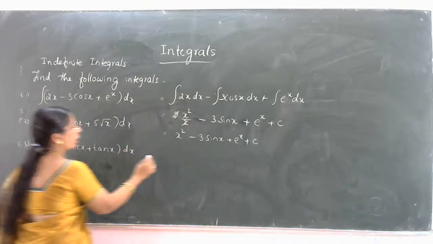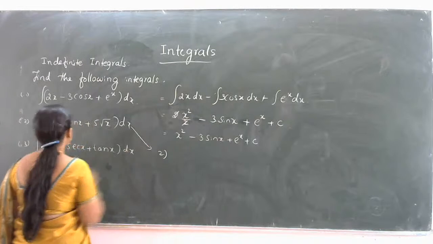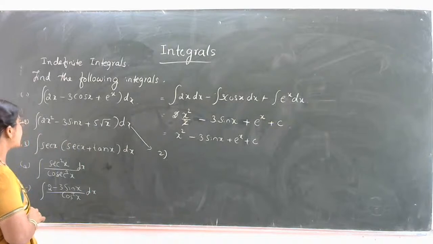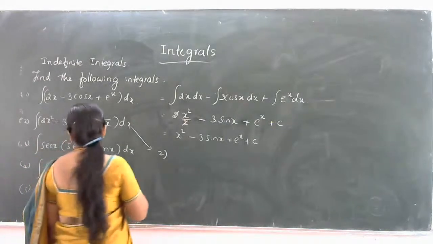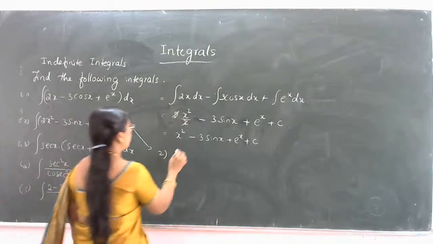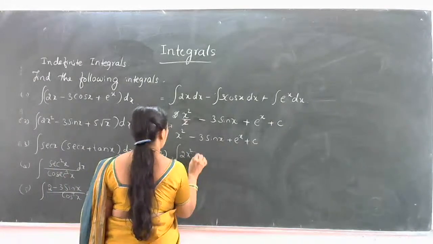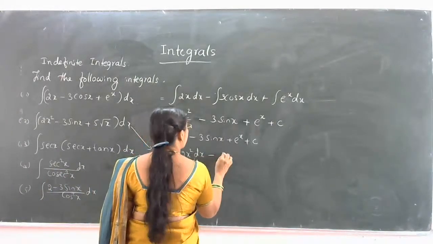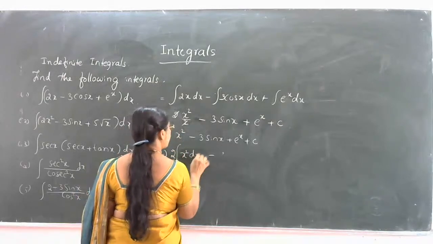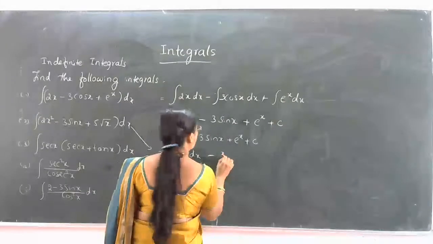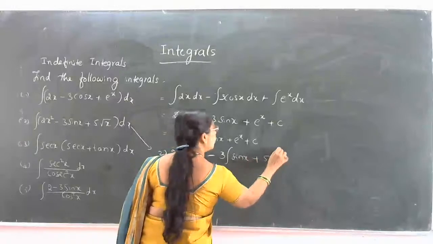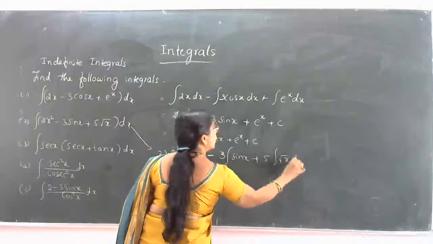Then next, the second one: integration of 2x square minus 3 sin x plus 5 root x. Here, the integration of 2x square dx, we can write 2 outside also, x square dx, minus 3 into the integration of sin x, plus 5 into the integration of root x dx.